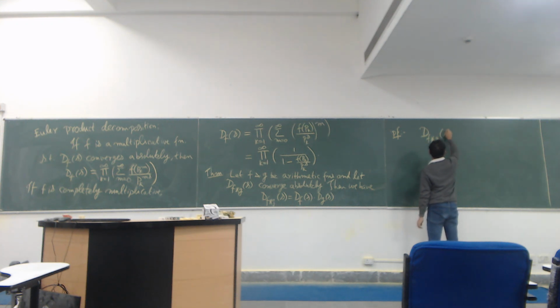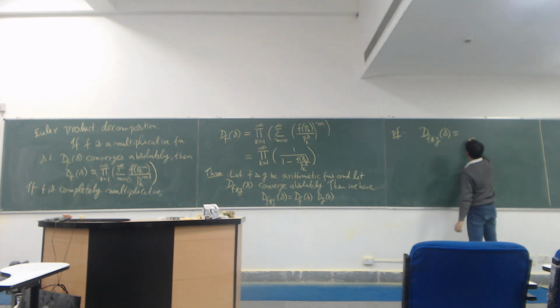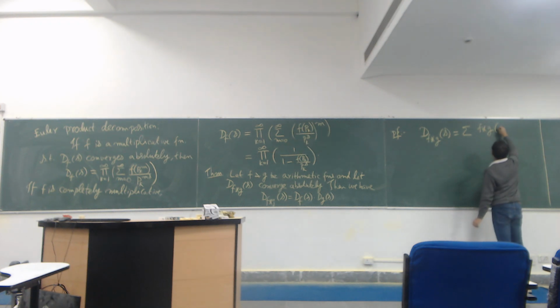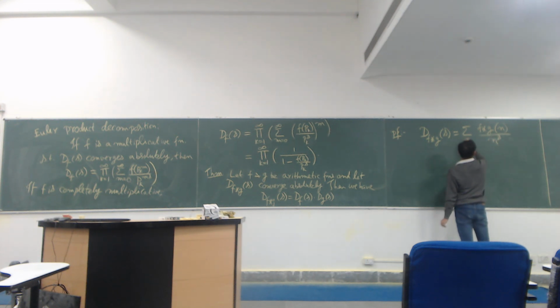So let's write this down. D_{f star g}(s) is by definition the sum of (f star g)(n) by n power s, where n is running from 1 to infinity.